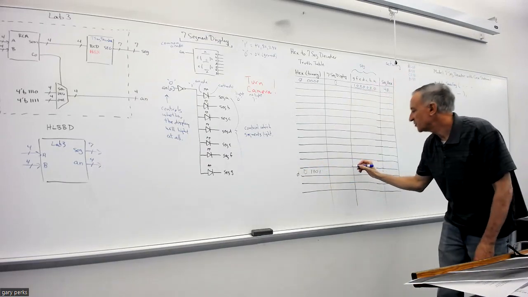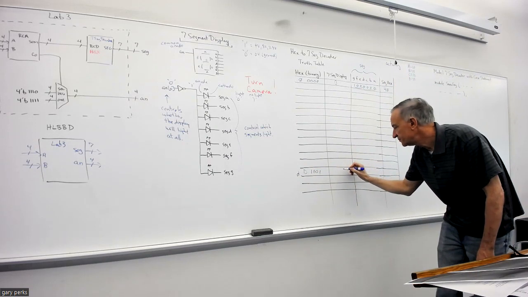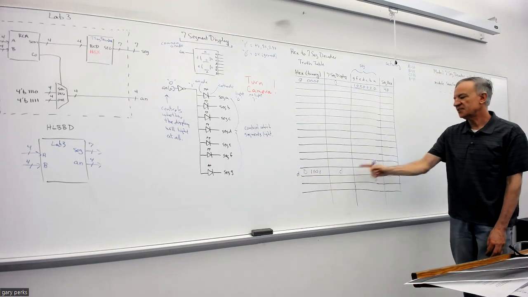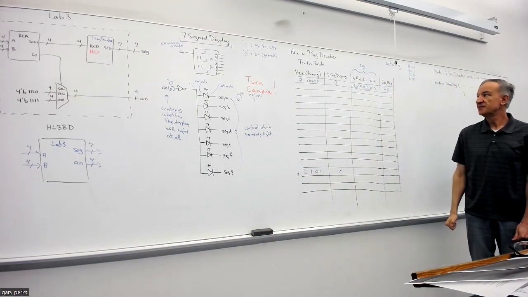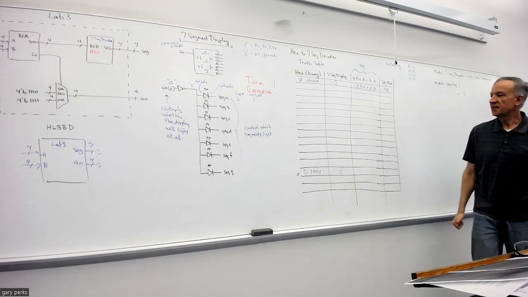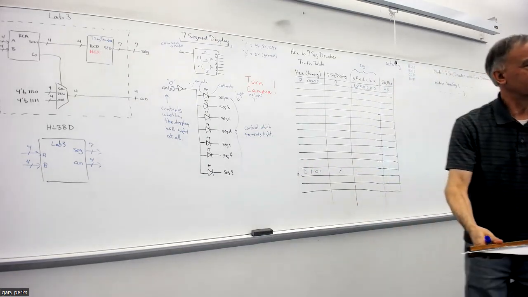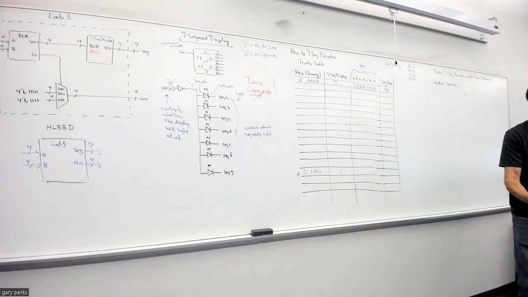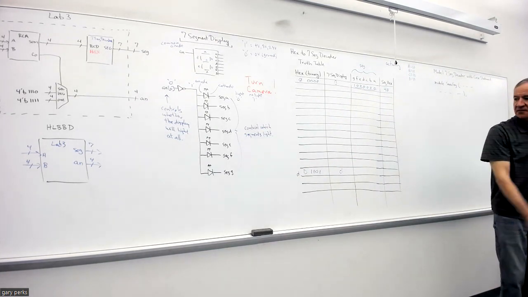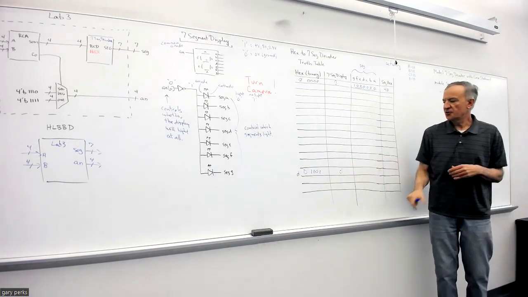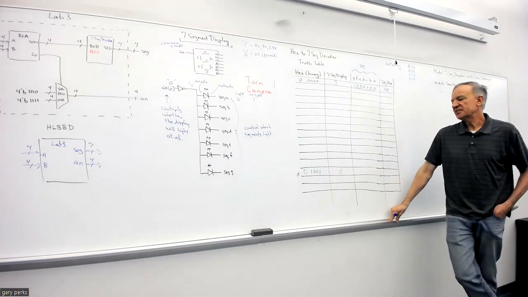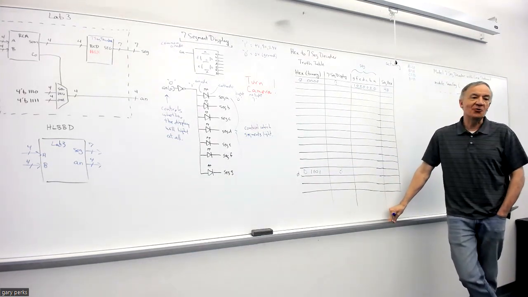So let's see, we're going to want to light up these segments, right? Make a lowercase d. Okay, so to make a lowercase d, is this in the way? So what segments do we want to light, or which segments don't we want to light, right?